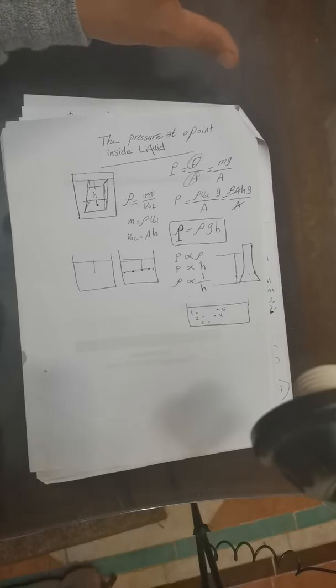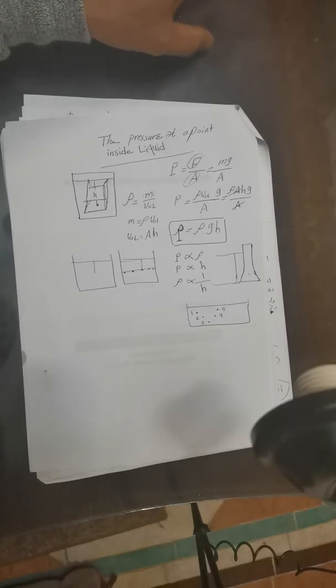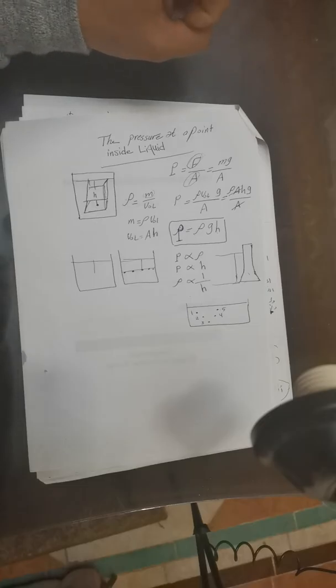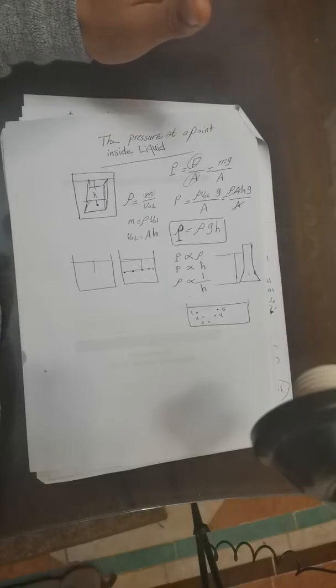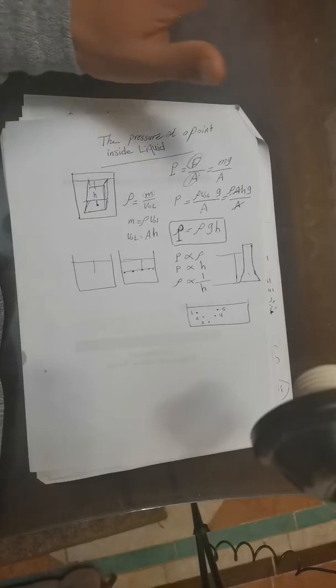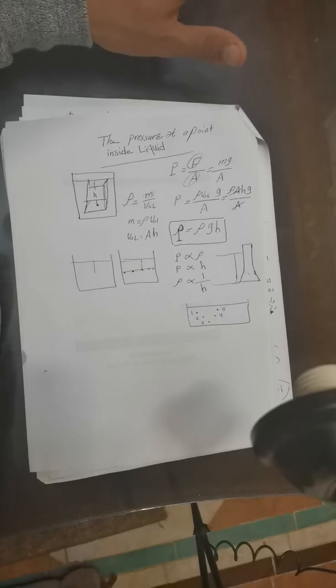So by increasing H, the pressure increases. But points 2 and 4 have the same pressure because they have the same density and acceleration due to gravity, and they have the same H. At the end, we can find that all points at the same horizontal level have the same pressure.